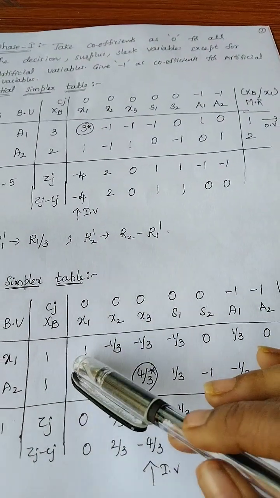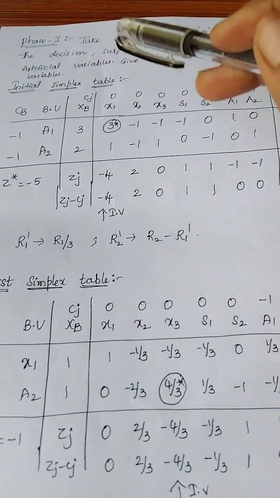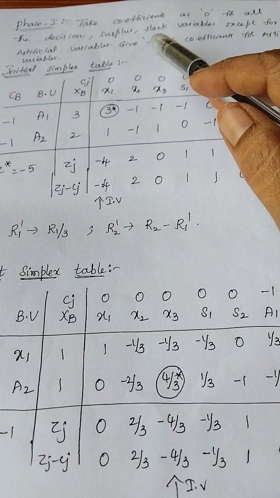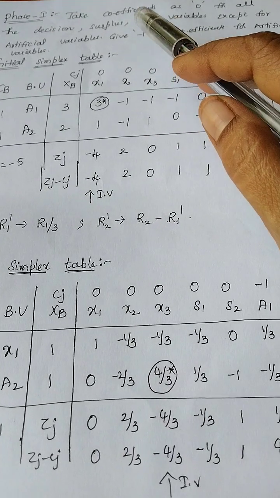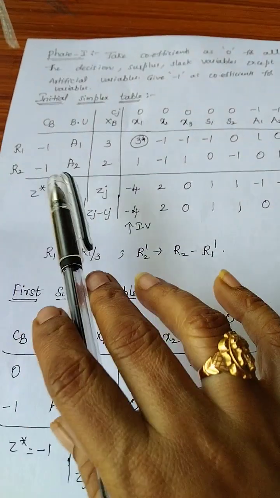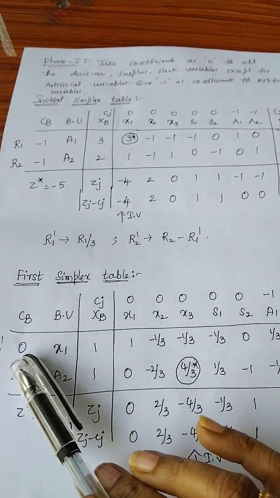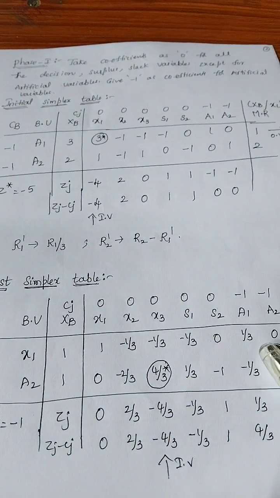So you have to make this 1. To make the key element 1, we are going to divide the first row, that is R1, by 3. That means the whole row you are going to divide by 3. After doing that, you are going to get this row.